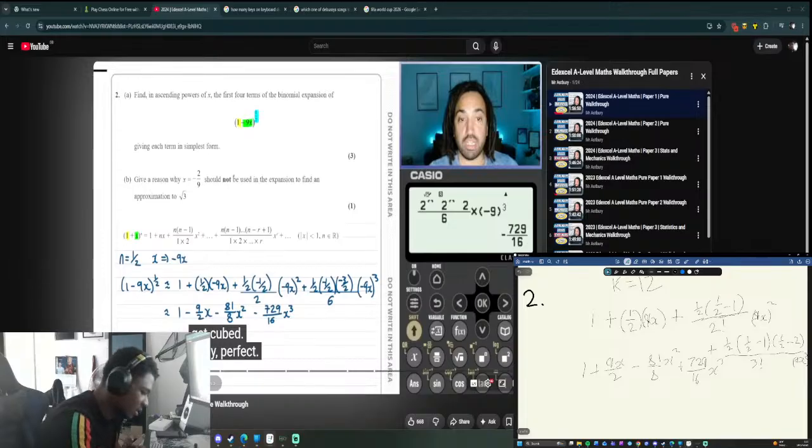Okay, cool. Every single time. This is where I lose marks. Just signs. Anyway. The reason why minus 2 over 9 should not be used in expansion.